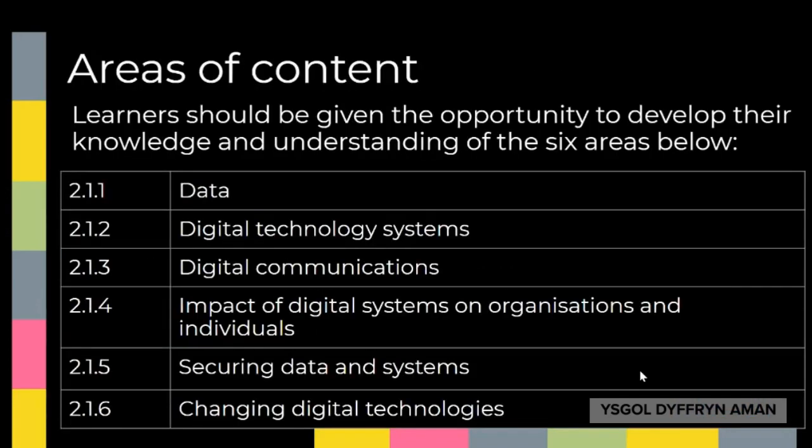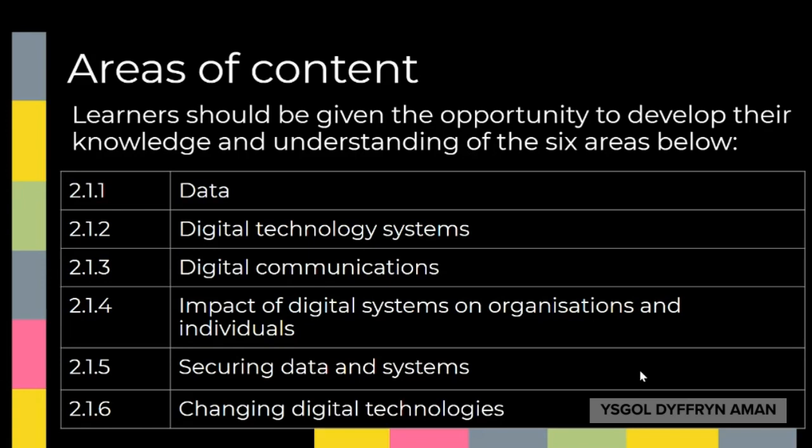To break this down further, within this unit we will look at data, for example, what are the advantages and disadvantages of storing data digitally? Digital technology systems, how the internet works and cloud services. Digital communications, such as email, instant messaging, blogs, video conferencing and social networking websites and apps.